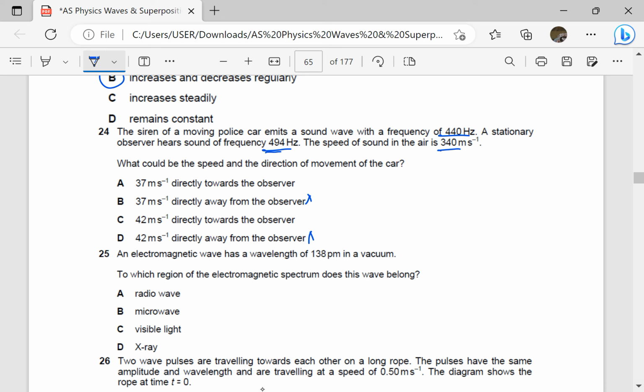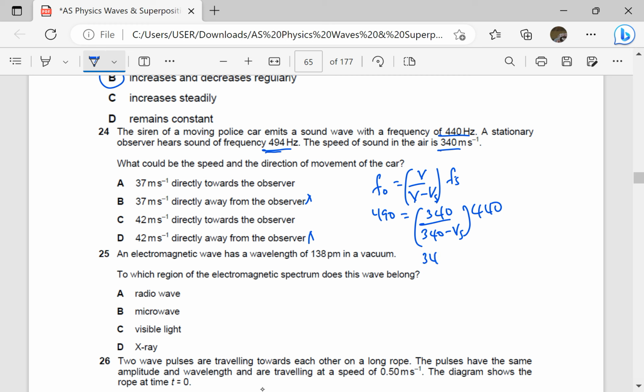So let's now check the speed. The observed frequency is equal to v over (v minus Vs) times the frequency of the source, because it is towards. So 494 is equal to 340 divided by (340 minus Vs) times 440.